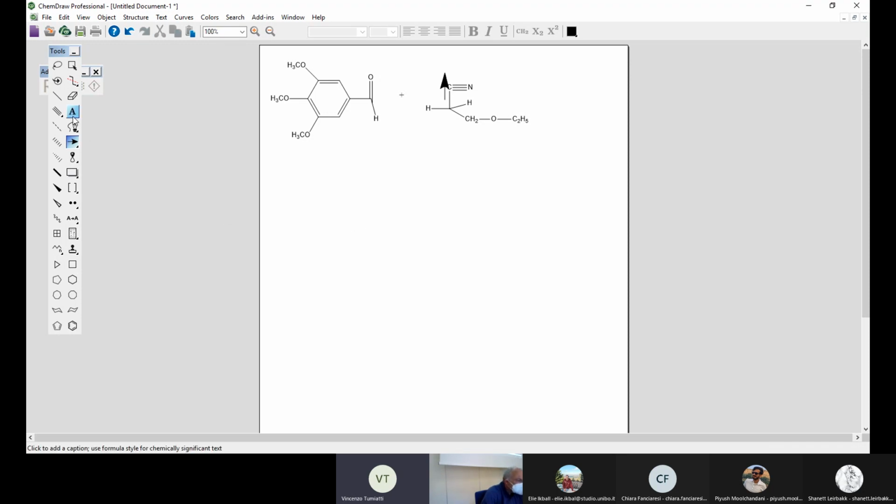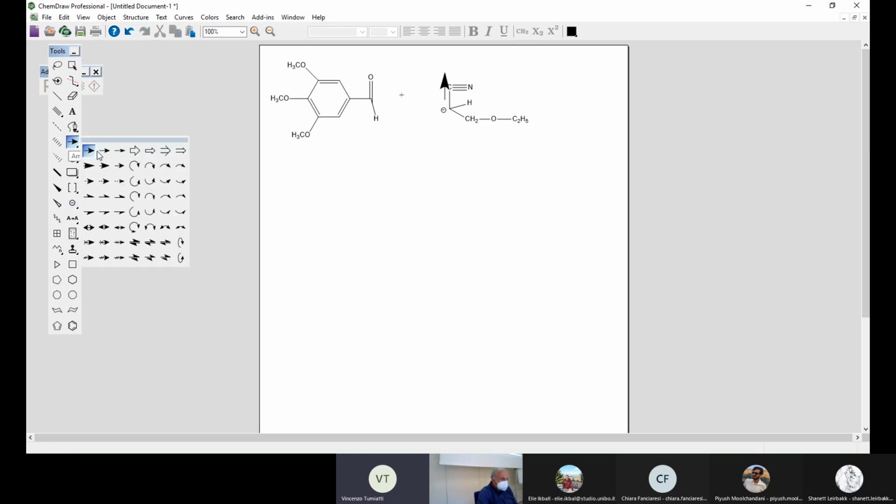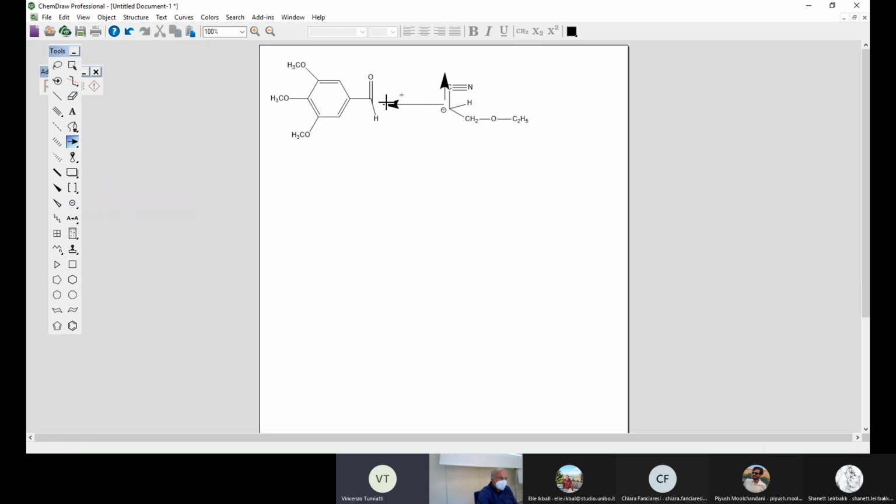This means that with a strong base it's possible to take away one of these protons and have a negative charge in this position. This negative charge is able to attack the carbonyl group of the aldehyde.